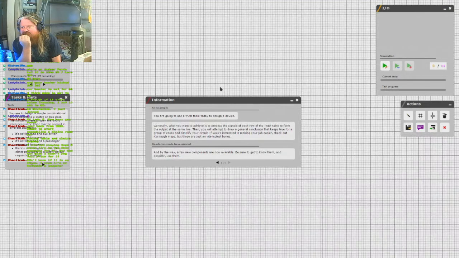Then you will attempt to draw general conclusions that keep true for a group of cases and simplify your circuit. If you're interested in making your job easier, check out Karnaugh maps, but those are just an intellectual bonus. And by the way, a few new components are now available. Be sure to get to know them and possibly use them.